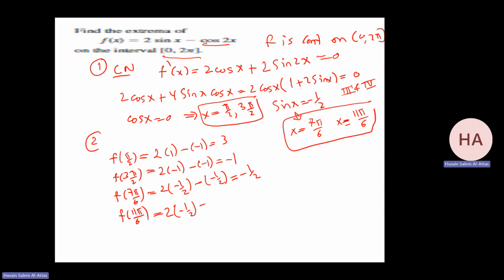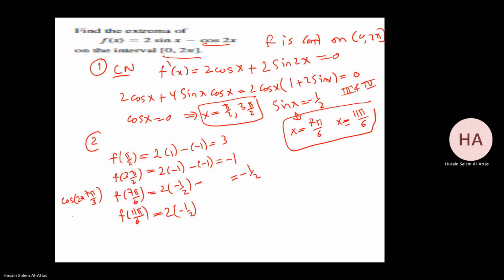11 pi over 3, in which quadrant? Sorry, 7 pi over 3. Look, what is cosine 2 times 7 pi over 3?